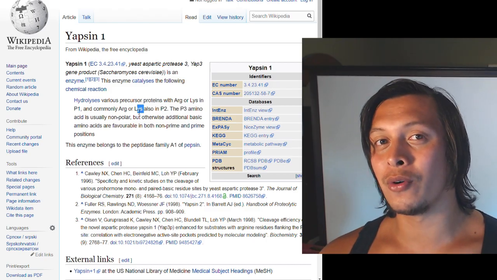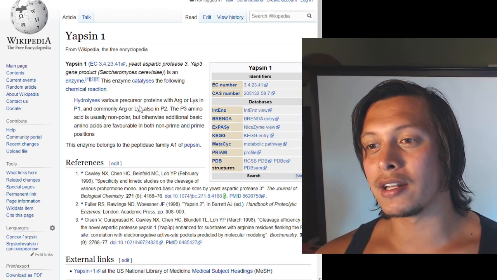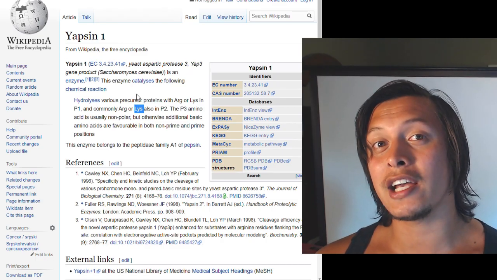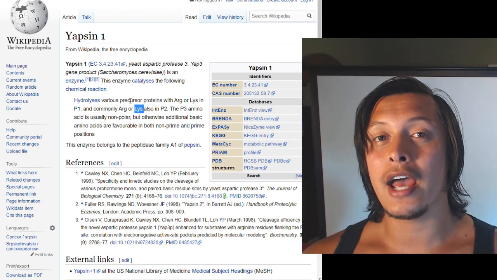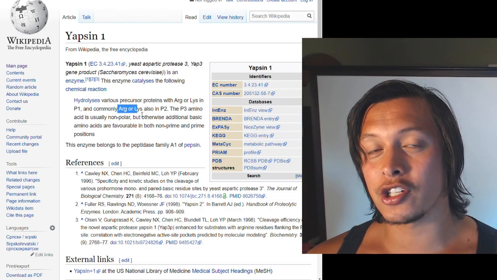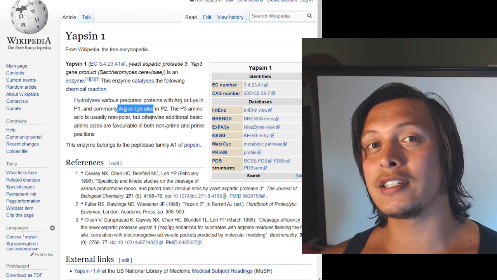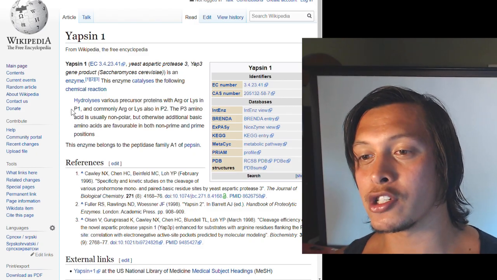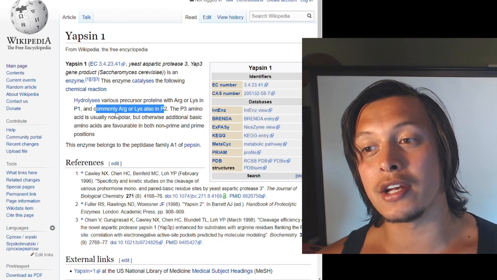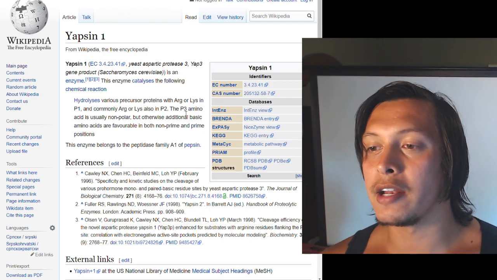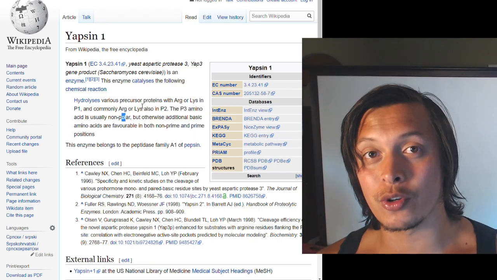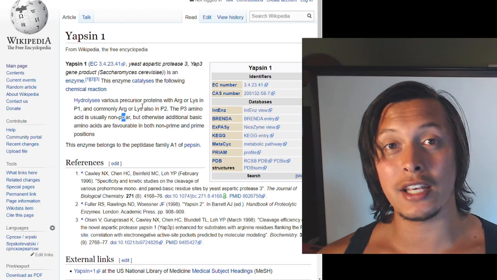One of them is guanidinium and lysine is amino, and they are basic, able to take up protons out of the solution and become positively charged themselves. So a lot of these proteases actually look for these dibasic residues where you have in position 1 an arginine or lysine, and commonly in position 2 another arginine or lysine, and then in position 3 it's usually nonpolar, but another basic residue could make it much more easily cleaved as well.